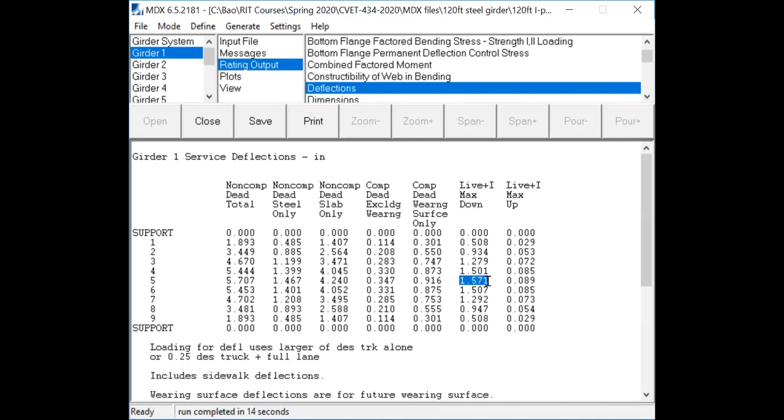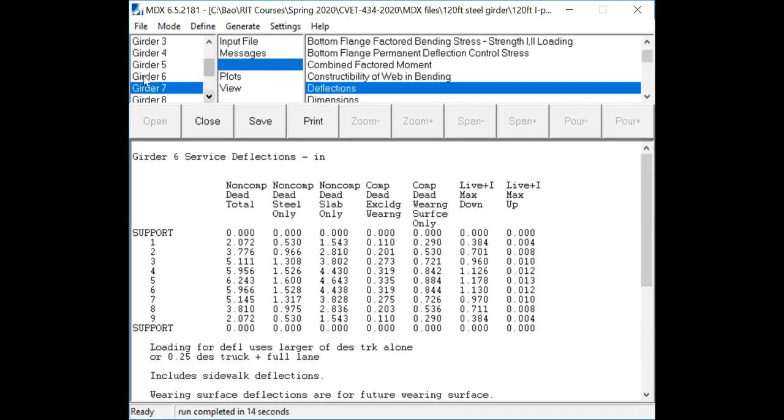So less than 1.8, which is good. And take a look at the interior girder, the maximum is 1.298. That's good. Girder 3 is 1.19. Check every girder, make sure it doesn't exceed 1.8.